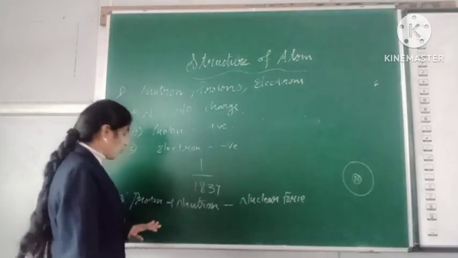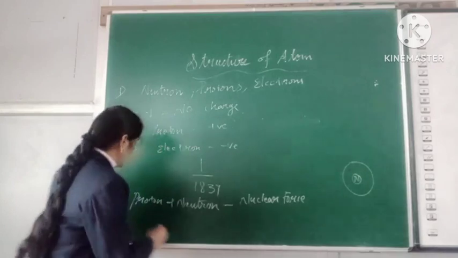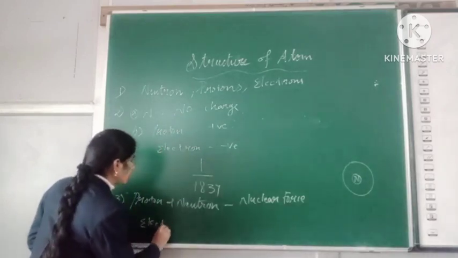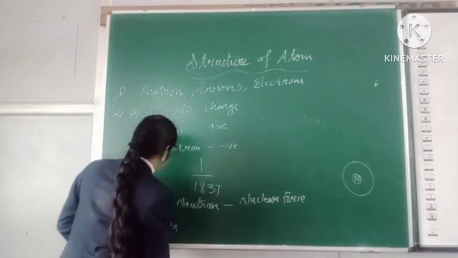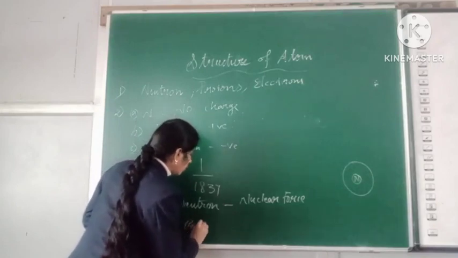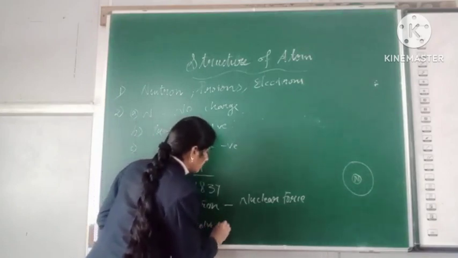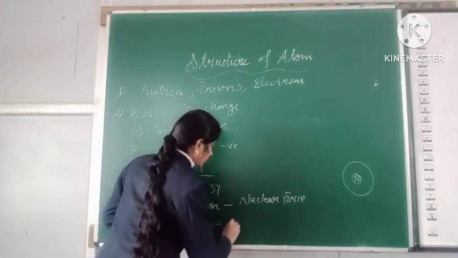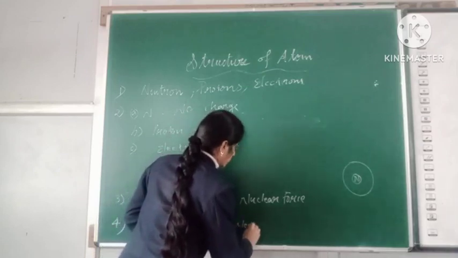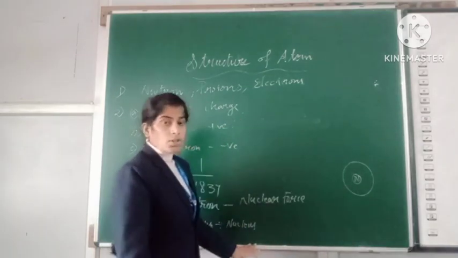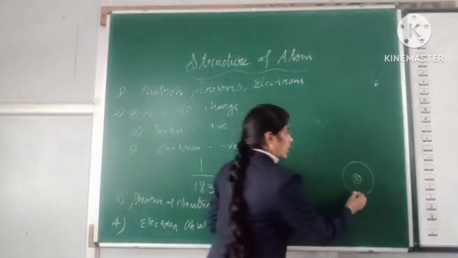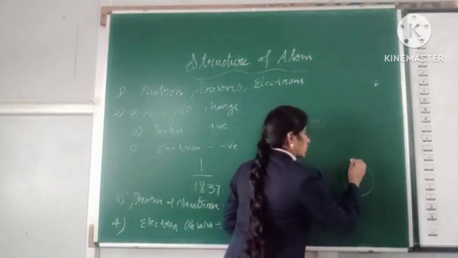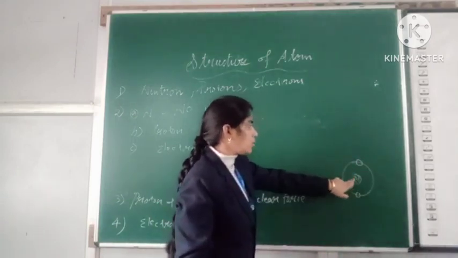Okay. Fourth point. Electrons that revolve around the nucleus.